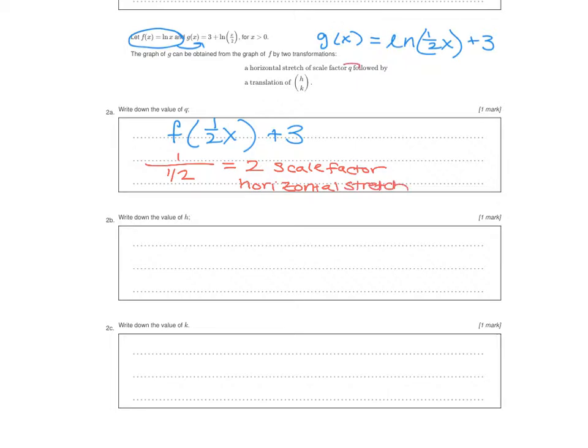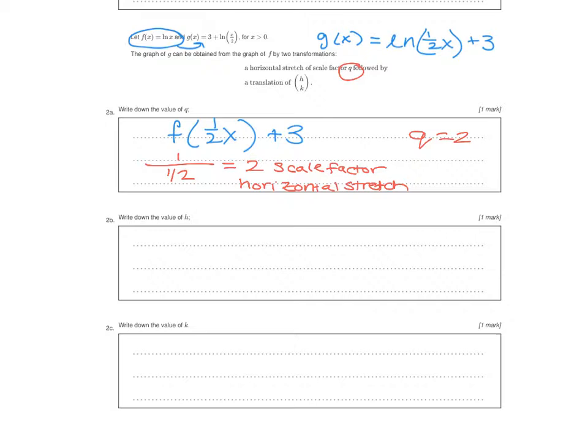So that tells us what Q is. Q is 2. It's a horizontal stretch by 2. Then we also have to think about just general translations, shifts left or right or up or down. If there was plus C in here, that would tell us that there was a shift left or right.